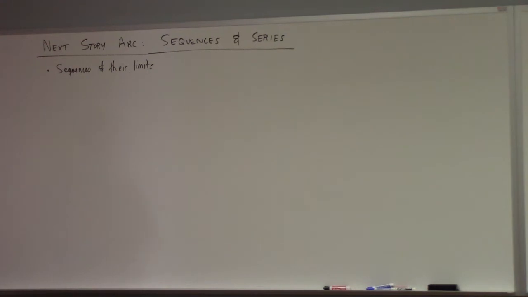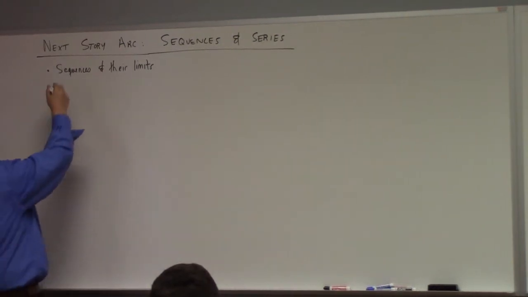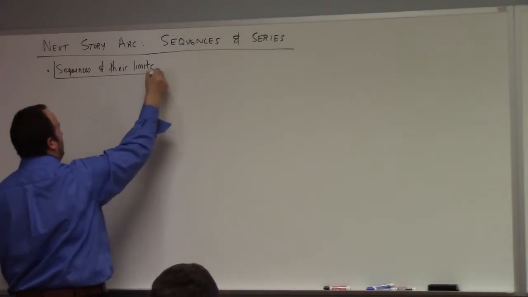This is essentially the same as looking at functions. It's a lot like looking at functions of the reals and looking at the limits as x goes to infinity. All right, so like a lot of the math here you've in some sense already seen. It's just that we're replacing x with a natural number. So that's the first thing, sequences and their limits.